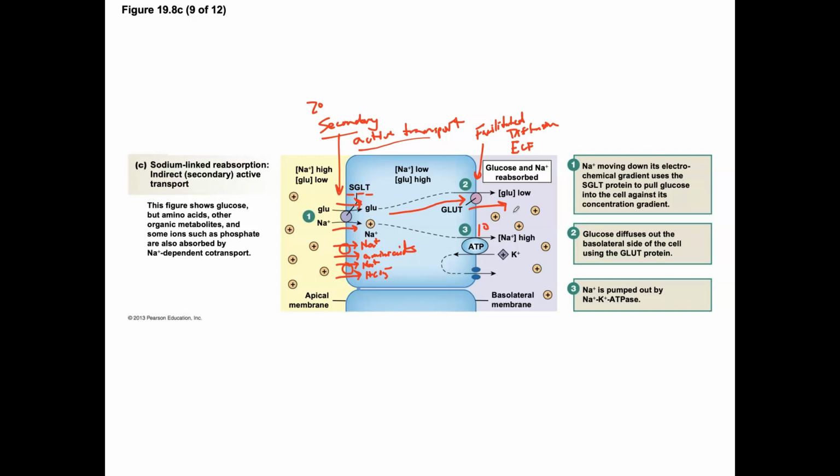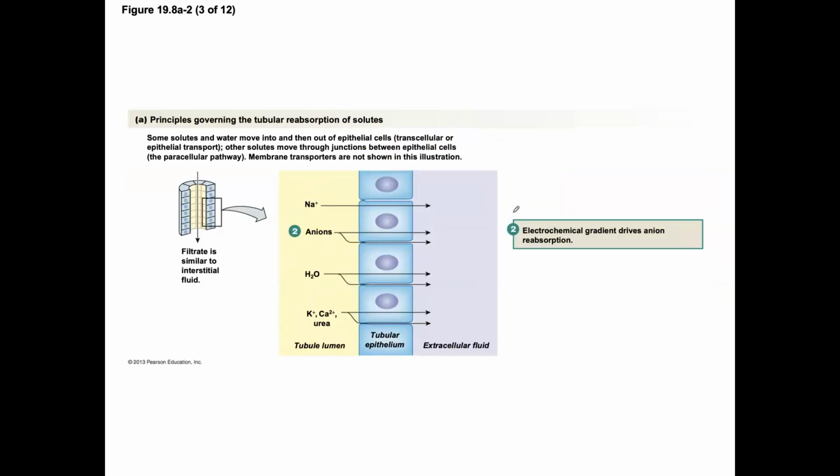Once we move sodium and we've moved positively charged particles into the extracellular fluid, now we can start driving the reabsorption of anions. So anions are going to be other negatively charged ions that can move across the epithelial cells and move into the extracellular fluid.